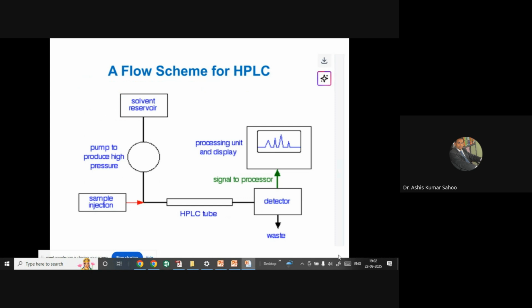So this is the flow scheme of HPLC instrumentation. You can see the flow chart here.